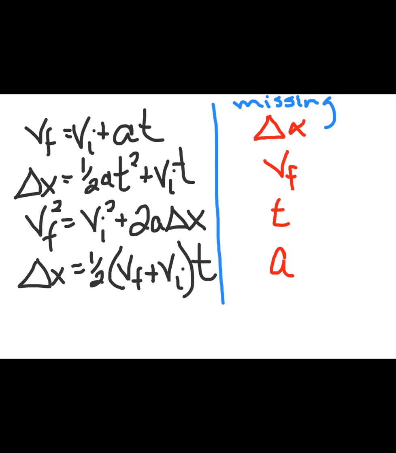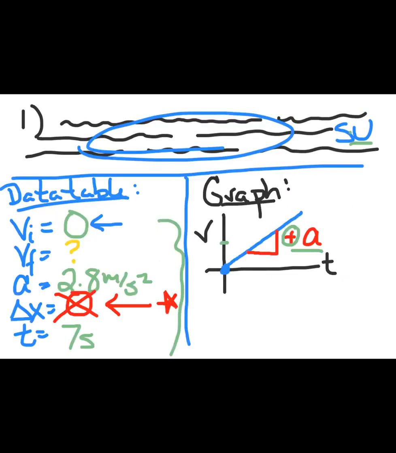So this is an important image, and that's why I recreated it in our Canvas page. I want you to see it in terms of what's missing from these equations, because if we go back, notice what was missing. What was missing was delta x. So what's missing and not asked for?